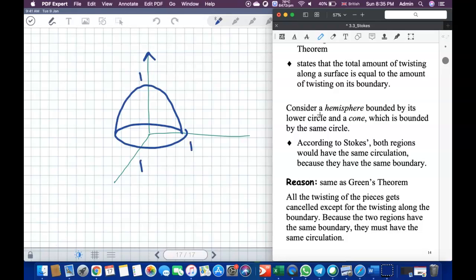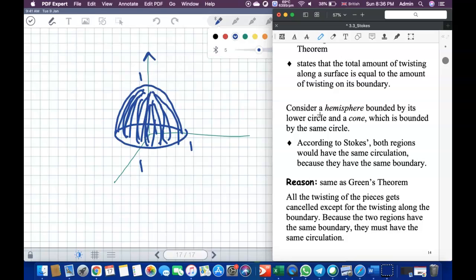When we say we have a hemisphere, this should be shaded, because that is part of the surface. But it is open, because they didn't say we have a solid. So we have just an open surface, which is a hemisphere.